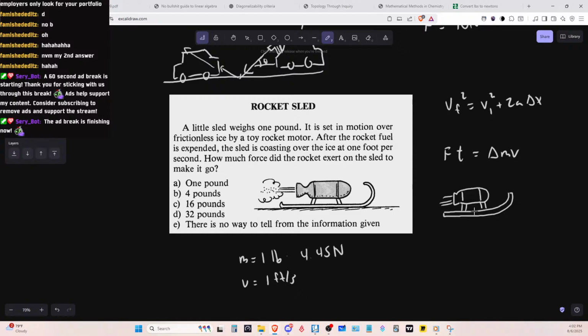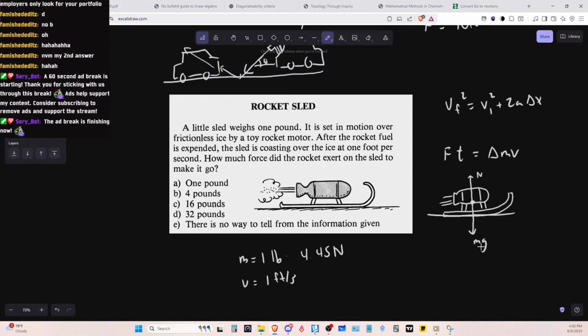Okay. Now, I'm guessing that we have the normal force here, and the force of gravity here. So this is the mass times gravity.